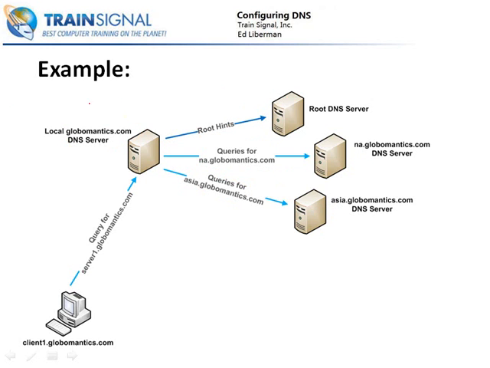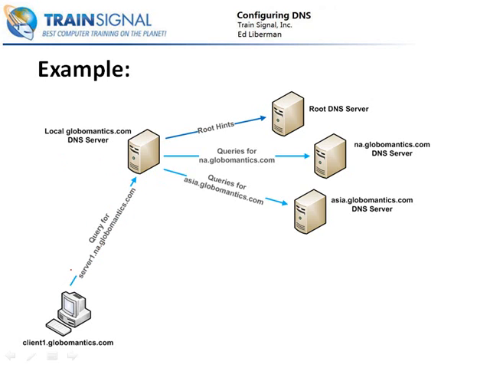In the first example, we have our client looking for server1.globalmantics.com. It's going to send that query on to the globalmantics.com DNS server, which is its local server. And because this server is authoritative for the globalmantics.com domain, it just simply sends an answer back to the client. Simple.